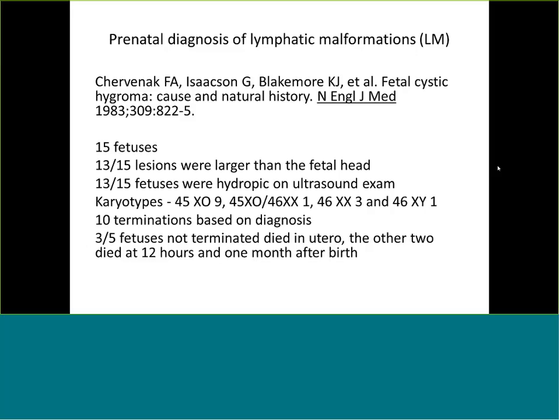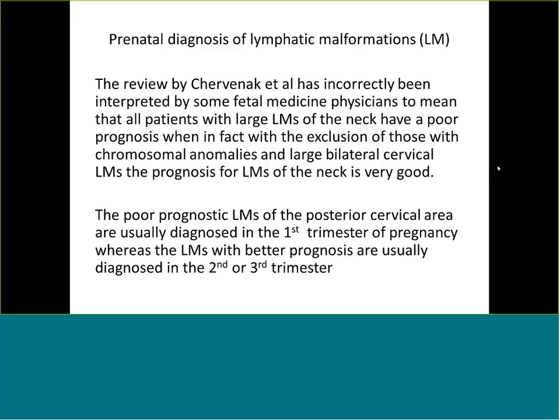Unfortunately, what's happened is people have tended to extrapolate from this group of patients to patients who have big lymphatic malformations. That's really a major problem, because it is true that you can have large lymphatic malformations of the neck, but it does not mean that they all have a poor prognosis.